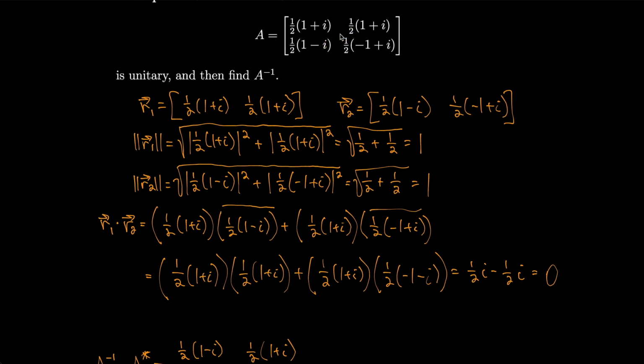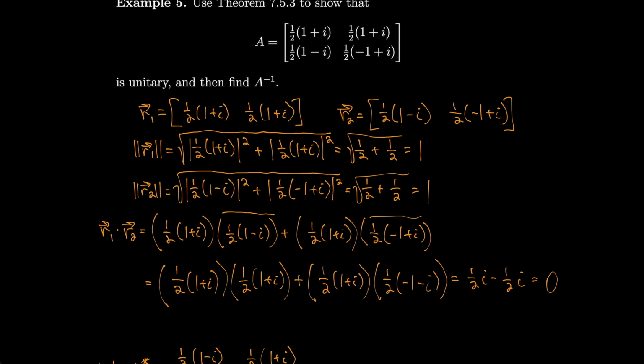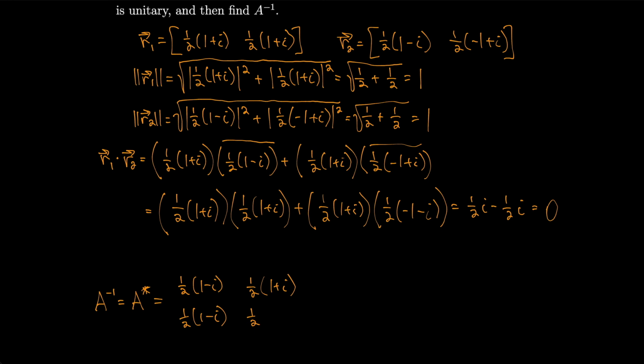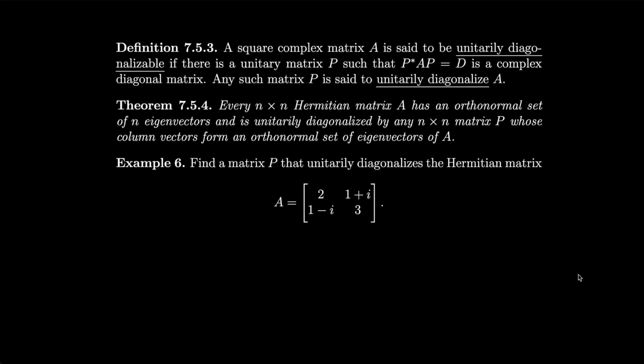Even though the minus goes over here, it exchanges with this one over here, and this minus becomes a plus and swaps over, so they end up staying the same on the diagonals. So half (1 minus i), and then on the bottom we just have to conjugate that, and we get half (minus 1 minus i). So it's pretty fast to find an inverse if you know that your matrix is unitary, and you just take the unitization, I guess you could say.